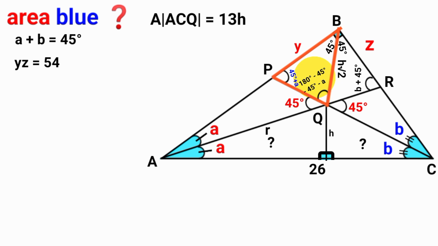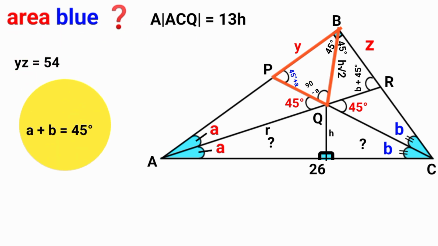Minus 45 degrees minus 45 degrees is minus 90 degrees. 180 degrees minus 90 degrees is 90 degrees. So it is 90 degrees minus a. By here, a plus b equals 45 degrees. Subtract b from both sides. Here b minus b is 0. So a equals 45 degrees minus b.